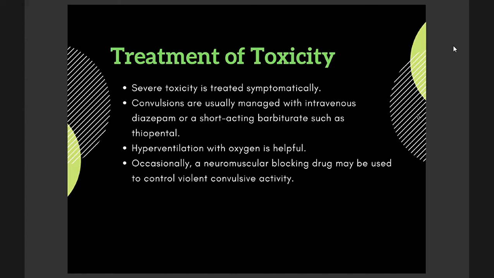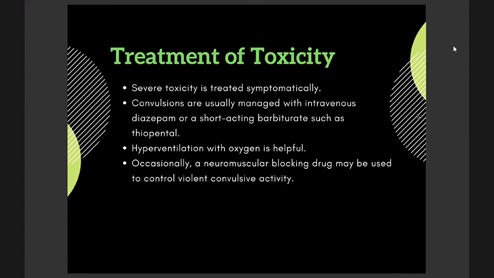By the way, if you notice that your patient already has early signs of CNS toxicity from your local anesthetic, then by all means, you have to stop the administration of your local anesthetic immediately. Then proceed to adequate ventilation and oxygenation. It should be maintained and the airway must be secured.